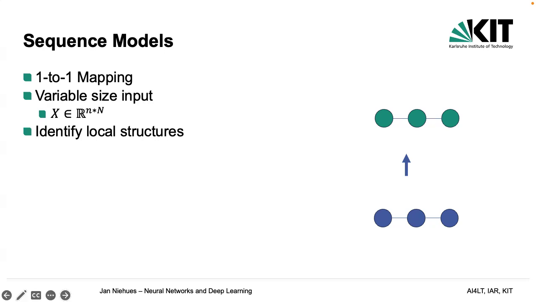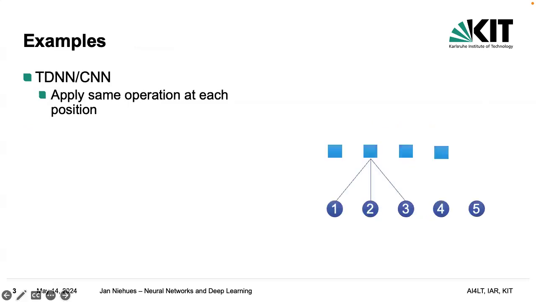The examples we learned can be grouped mainly into three things. So we have the TNN and CNN, where the idea is to apply the same operation at each position. Here is one example where we had a kernel size of 3, and you shift it over and always apply the same operation, and then you get a hidden state by doing that.